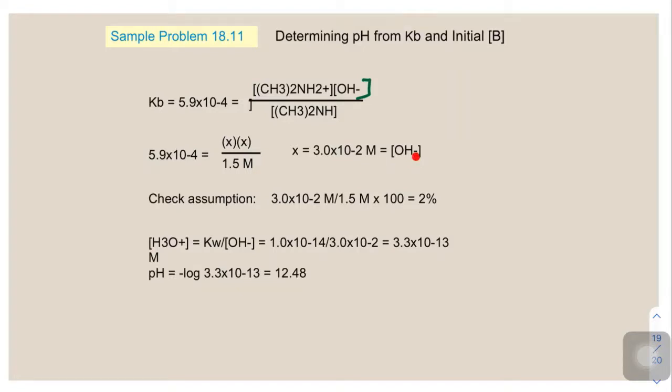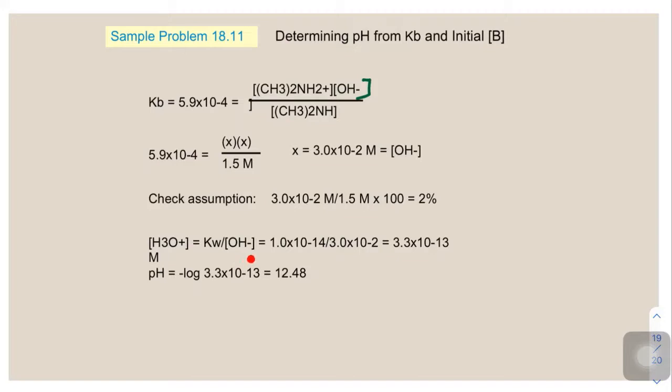So with this, we can calculate the pOH, and lastly, the pH is equal to 12.4. As shown in this slide, the textbook calculates the concentration of the H3O+ by using the equation H3O+ equals Kw over OH minus.